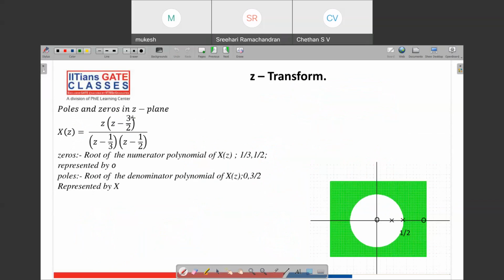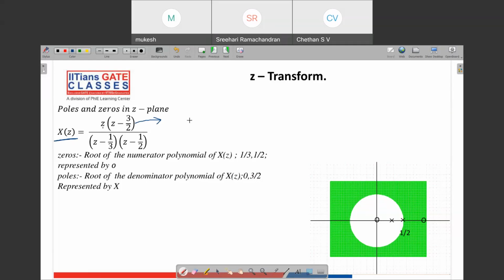Now, similar to the Laplace transform, in the Z transform also we have poles and zeros. So let's say we have a Z transform which is equal to Z times (Z minus 3 by 2) over (Z minus 1 by 3) times (Z minus 1 by 2). Again, similar to the Laplace transform, you take the numerator polynomial and equate it to 0 to find the roots of the numerator polynomial, and that will give you the zeros of X of z.